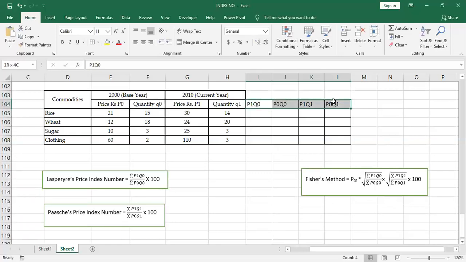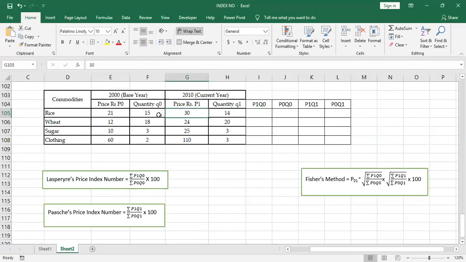So these parameters which we have well designed, we have to calculate. Now we have already named and identified what P naught, P1, Q naught and Q1 are. P1 is the current year and P naught is the base year. For P1 Q naught, we start multiplying.